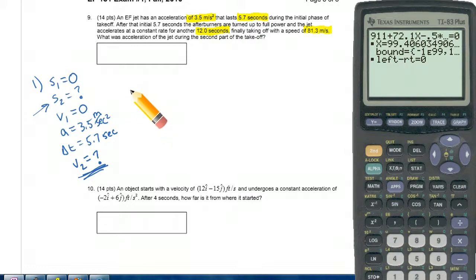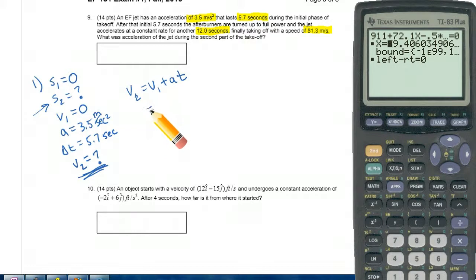Alright, so let's find V2. We don't care about S2. Okay, so what equations do we have? We have one that says V2 equals V1 plus AT. That'll work. Don't forget about that one.